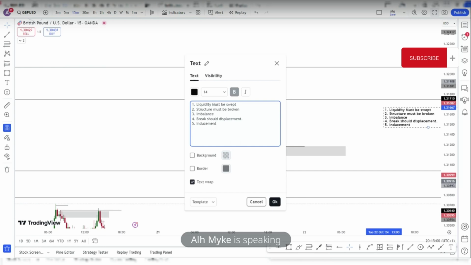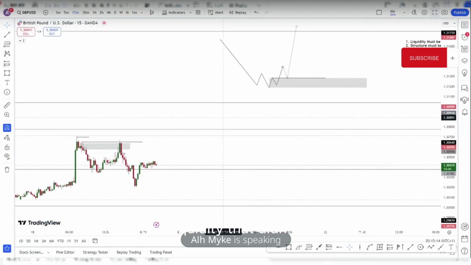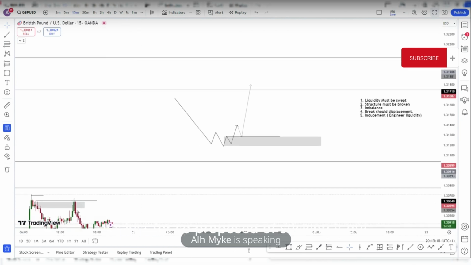In a case where there's no inducement, you're going to want to wait for price to engineer liquidity, and then take it off. What I mean by engineered liquidity is liquidity that didn't exist before, but price created it for the sole purpose of taking it out.